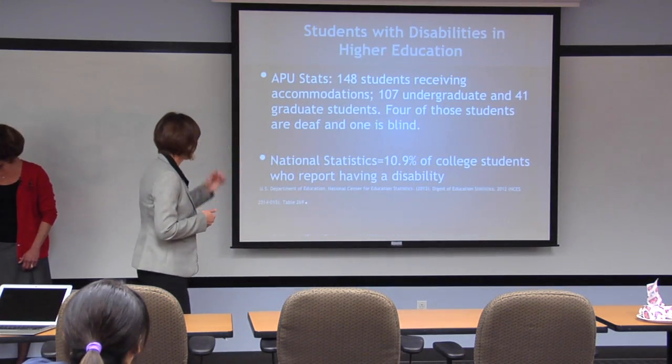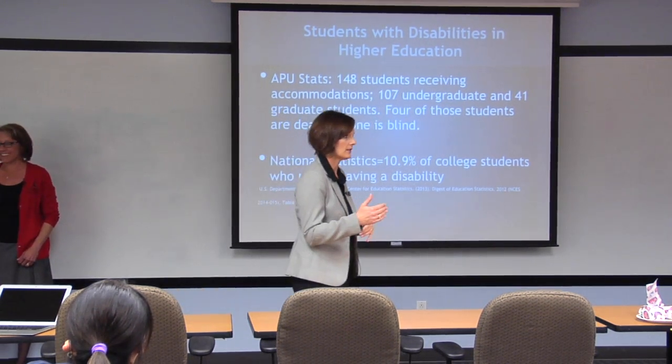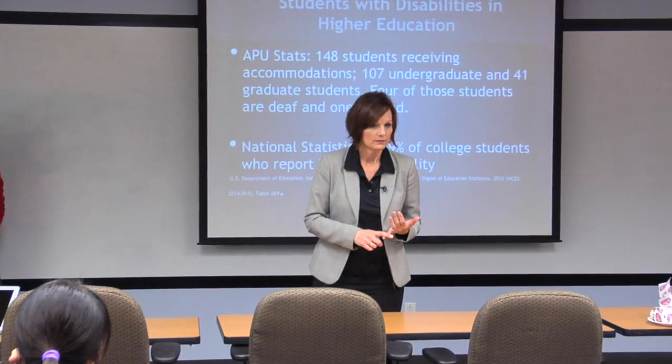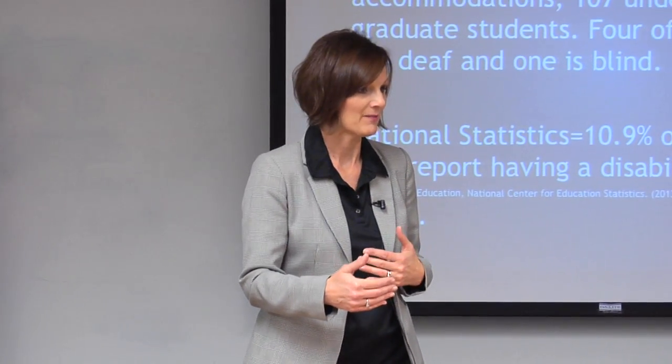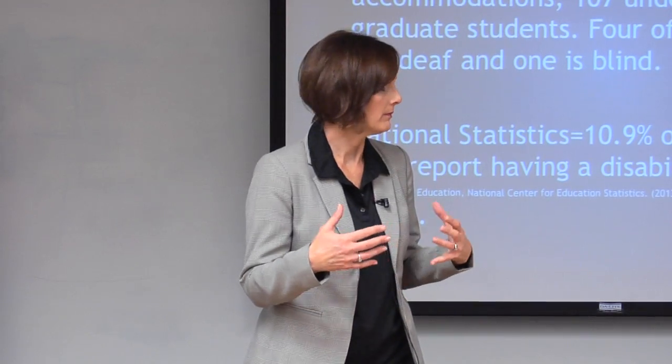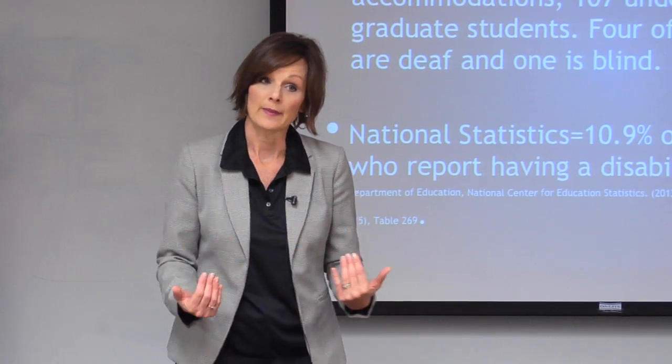Now, before I get into this slide, I want you to think about this: if you were a student with a significant visual, hearing, or mobility impairment of some sort, what would you need to access this workshop? What kind of assistive technology or accommodations would you need if you were in that situation?